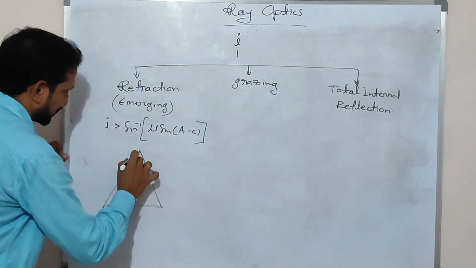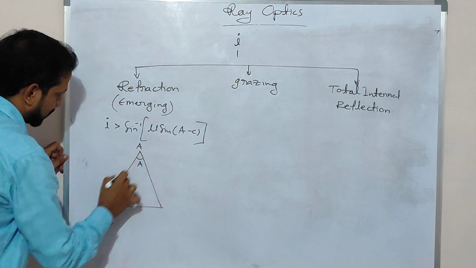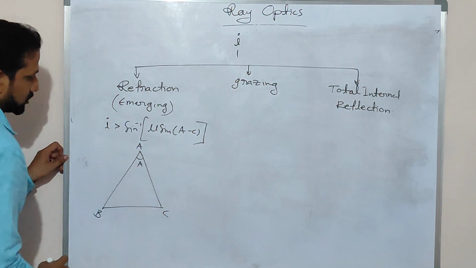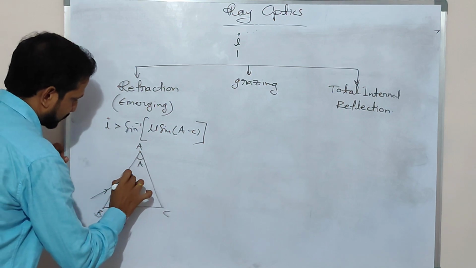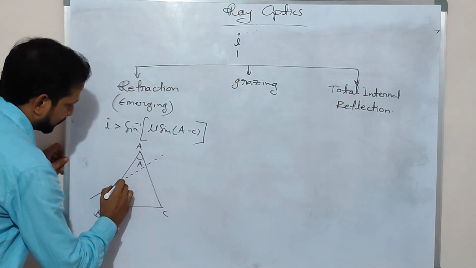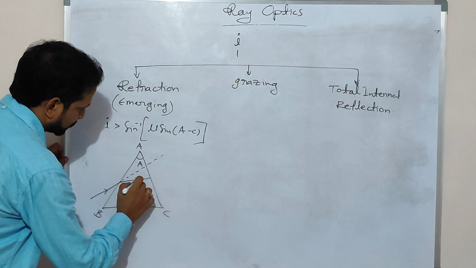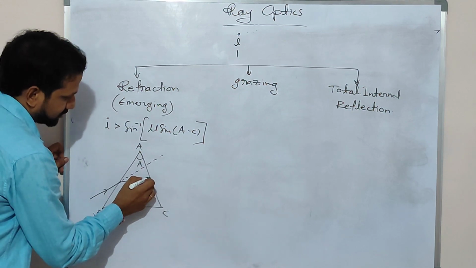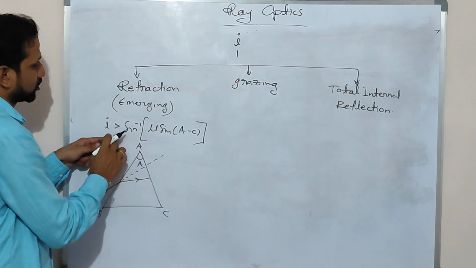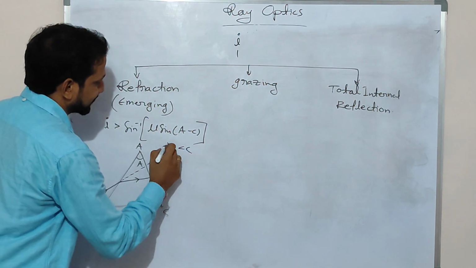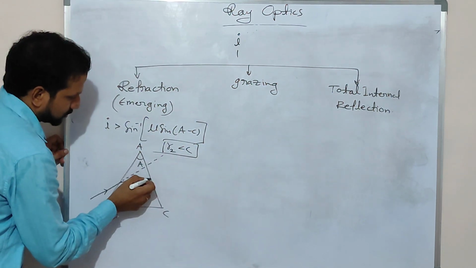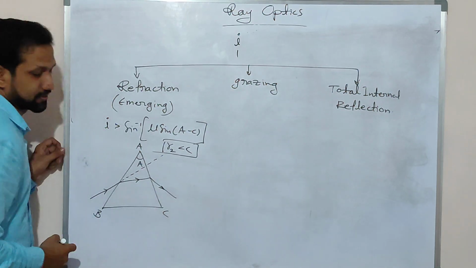This is a prism with angle of prism A, and vertices B, C, and this is going to be the incident ray. The actual path of the incident ray is this; it will be refracted like this. But the angle of incidence here is not going to equal C; R2 will be less than C in this case, so that it will become refracted.